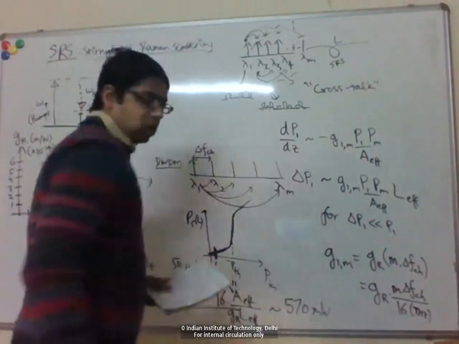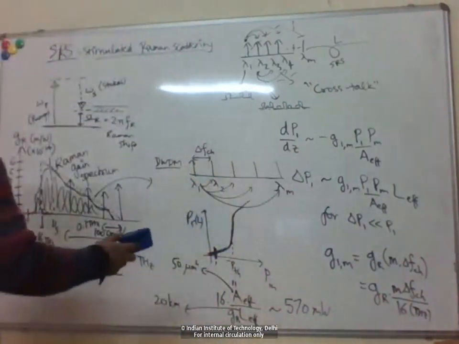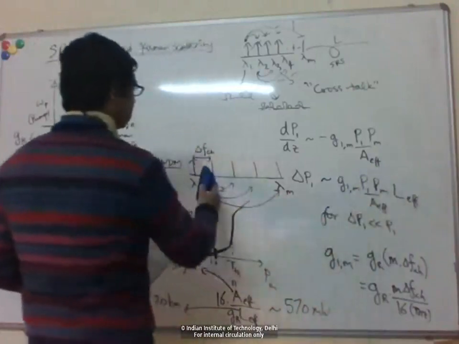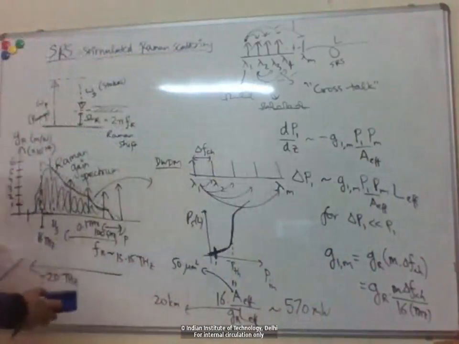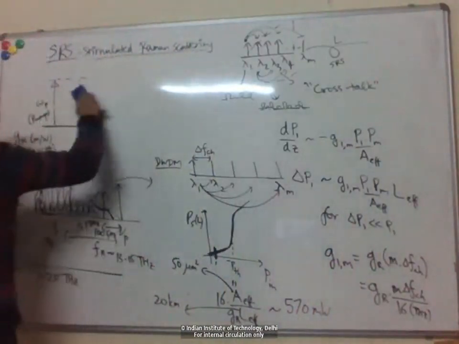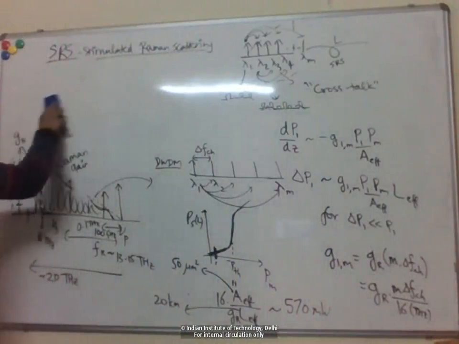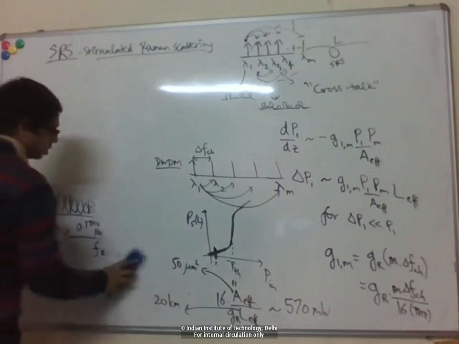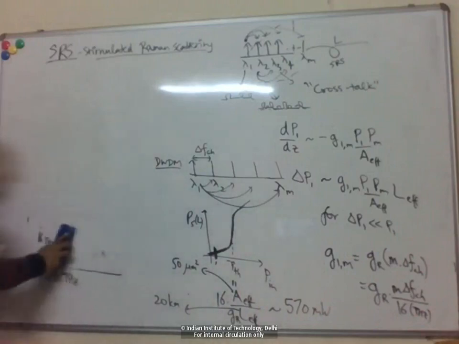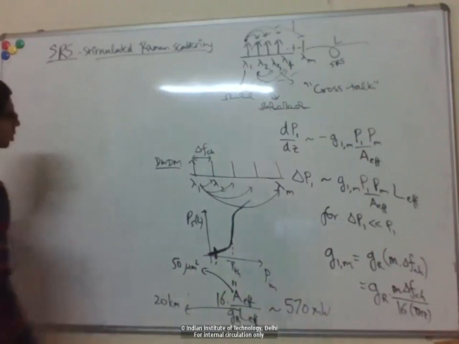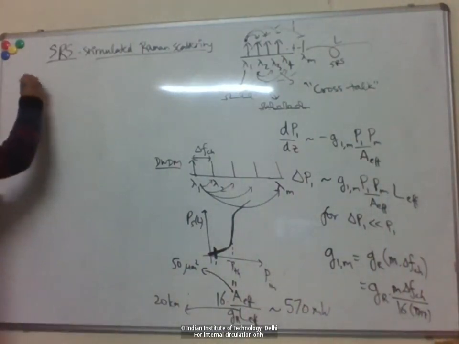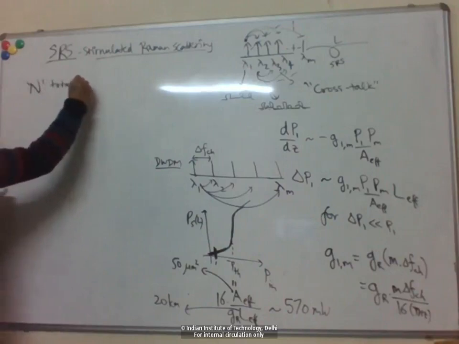If you want to calculate the total loss for channel 1, we have to add up these effects for all m, from 2, 3, 4, and so on. Let's say we have N total wavelength channels.